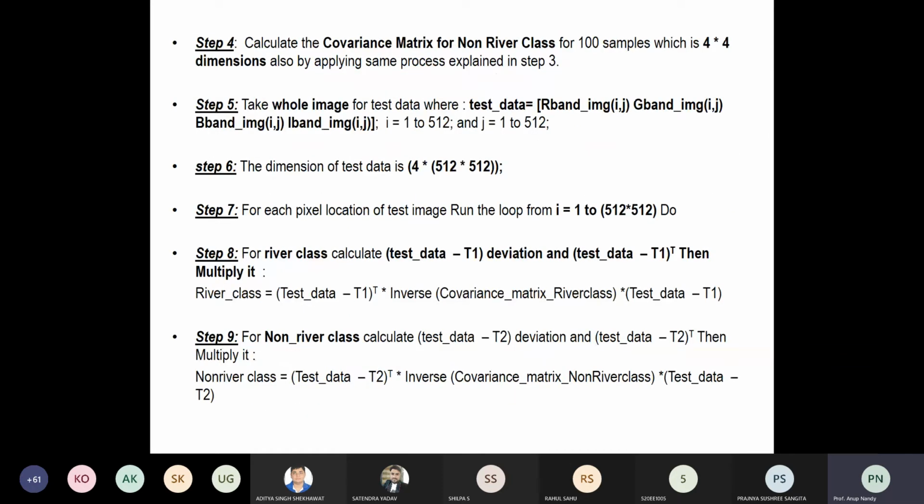As you can see, the inverse of the covariance matrix for the river class is a 4 cross 4 matrix, and you simply use the inbuilt function: in MATLAB you can use inv, or in Python you need to see how to compute the inverse. Then you implement it and you will get the answer.